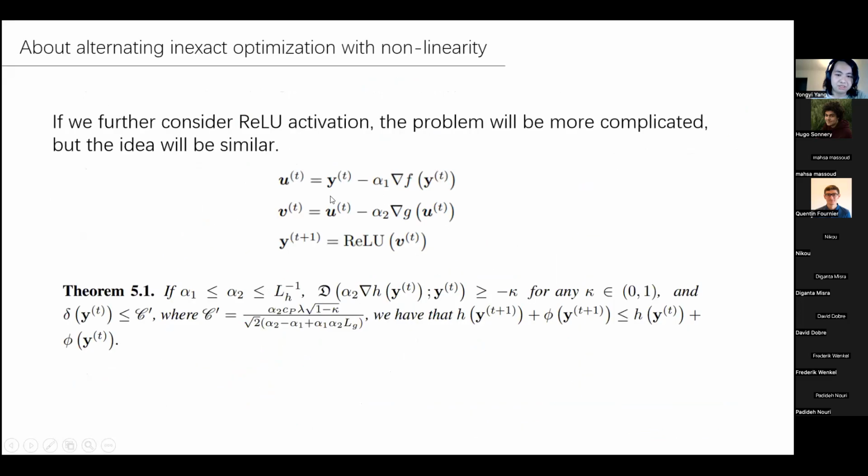So in an even more general case, we are not only alternatively optimizing f and g, but also have a projection onto a space, especially the ReLU function, and that is more complicated. Because of the time limitation, I will ignore this, but the idea is similar.